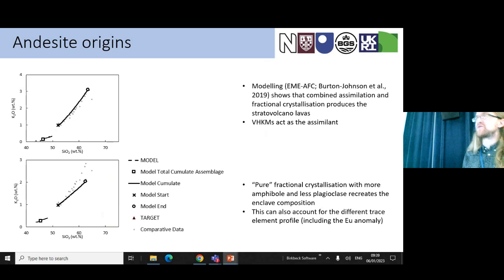So for the stratovolcano lavas, a combination of assimilation and fractional crystallization could produce them, where we used the high potassium melts as the assimilant, whereas pure fractional crystallization can produce the enclave magma. And this fractional crystallization also includes slightly higher amounts of amphibole and slightly lower amounts of plagioclase. And this mineral assemblage can also recreate the europium anomaly, or lack of europium anomaly, that we observe.